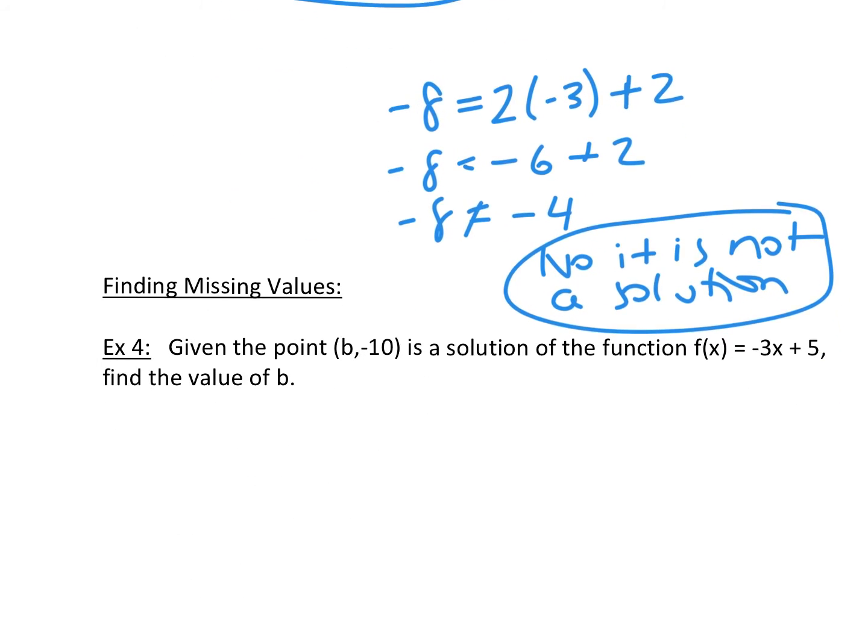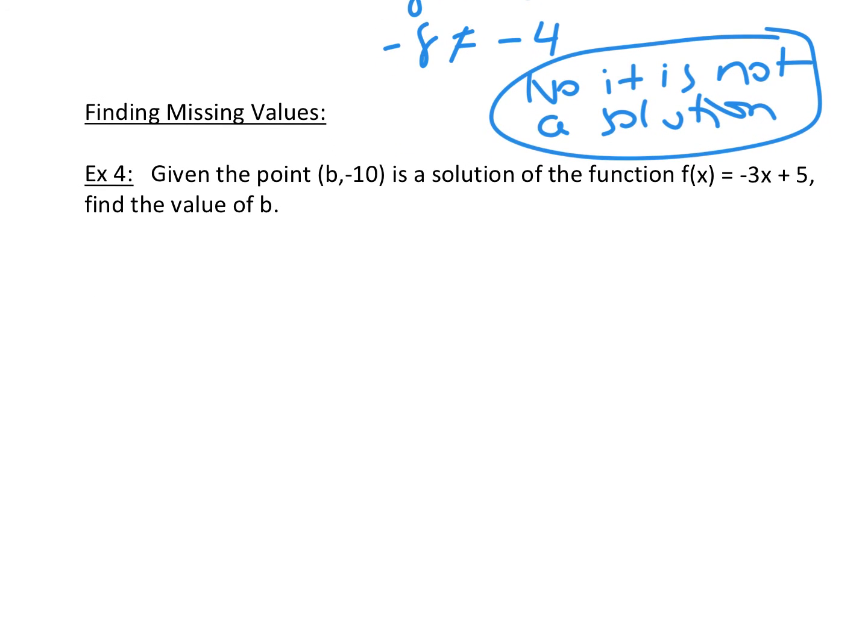And finally, sometimes there'll be a missing number. So here they give you a missing value of b, but they give you the y-coordinate of -10. So we're really just looking for the x. So we're going to go into the equation. Remember, f of x just means y. This is really y equals -3x plus 5. I'm going to substitute b as my x, and -10 as my y.